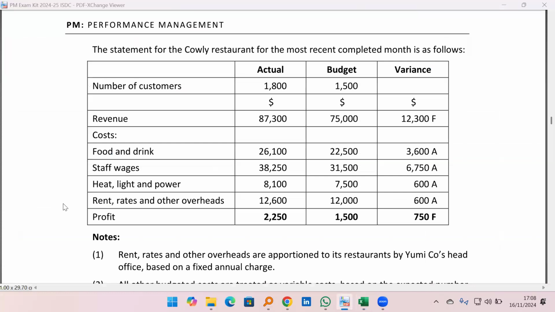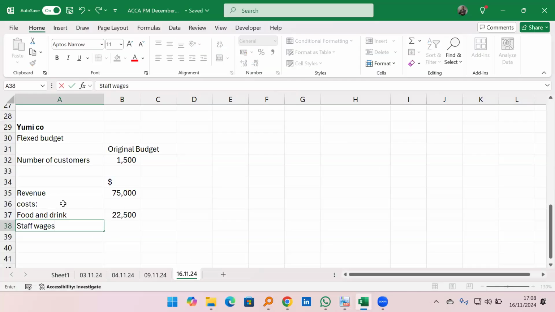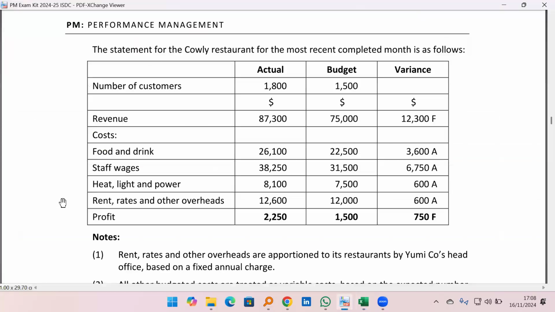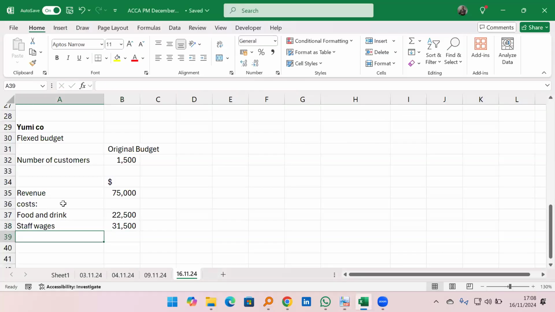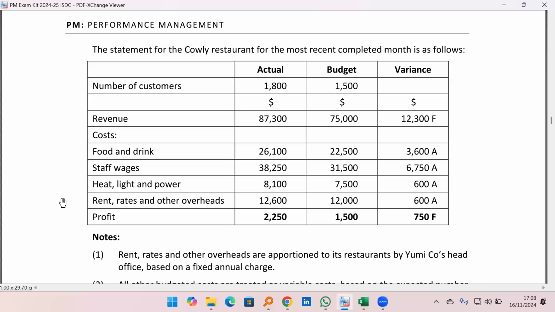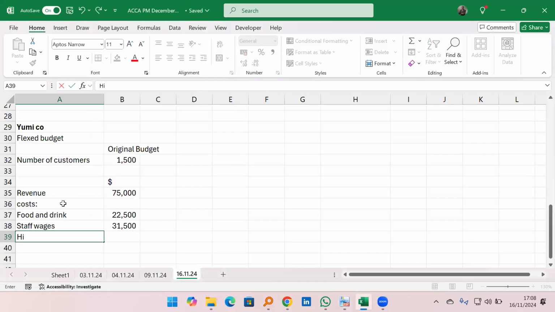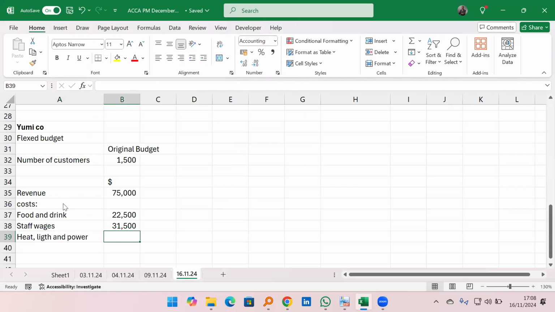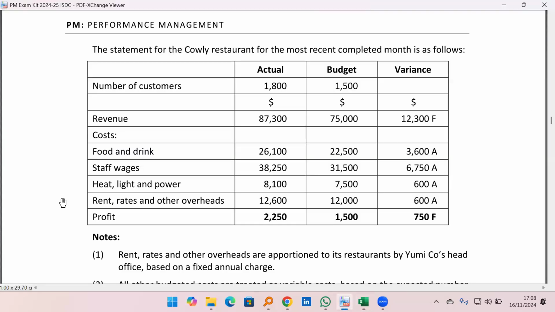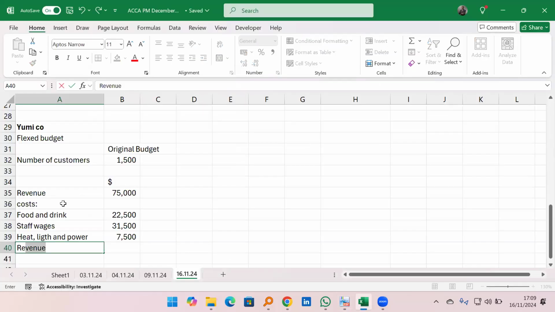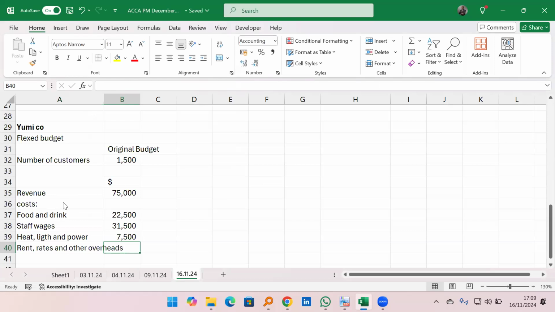Then we have staff wages. Staff wages is 31,500. Then heat, light, and power, and that is 7,500. Then we have rent, rates, and other overheads. That one, they said it is 12,000.